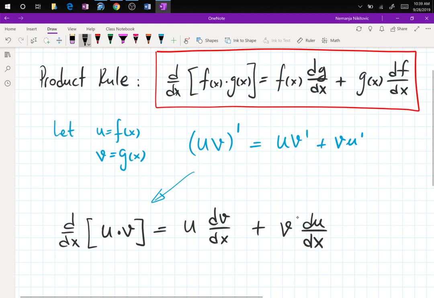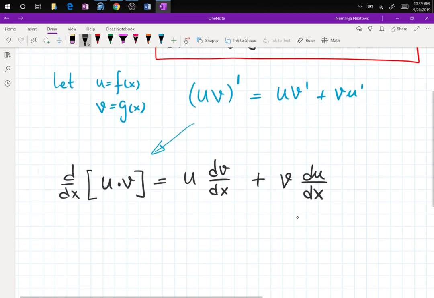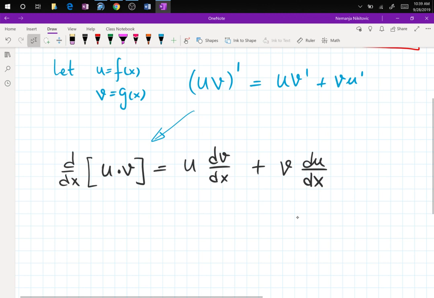So I'm using just the regular derivative notation. Since everything is in terms of x, I'm going to write dv dx and du dx. Those are just basic derivatives, all Calc 1.